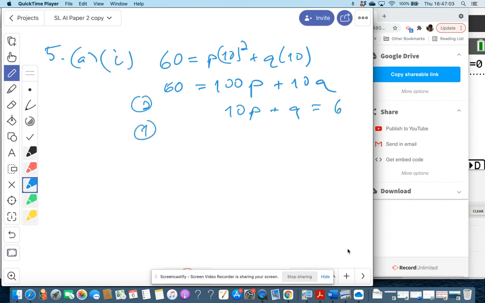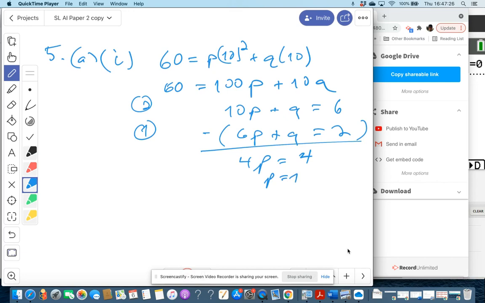I'm going to subtract equation 1 from this equation and see if I can eliminate a variable. If I subtract the first equation from the second equation, I get 4p is equal to 4. p is equal to 1.